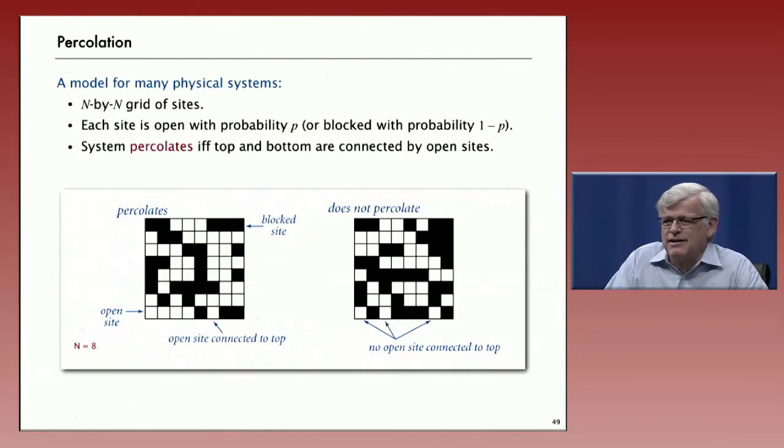We say that a system is percolated if the top and the bottom are connected by open sites. So the system on the left, you can find a way to get from the top to the bottom through white squares. But the system on the right does not percolate. There's no way to get from the top to the bottom through white squares.